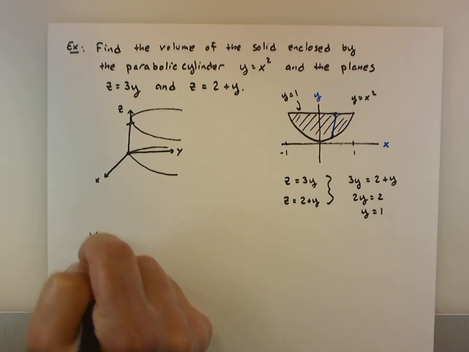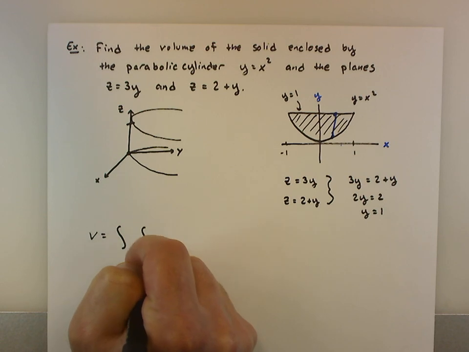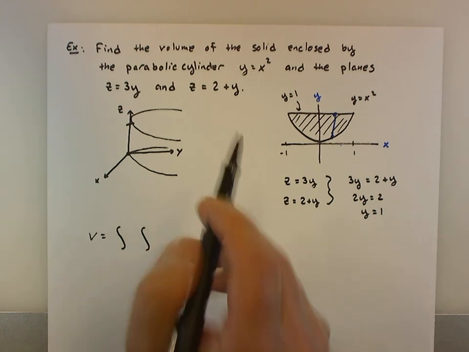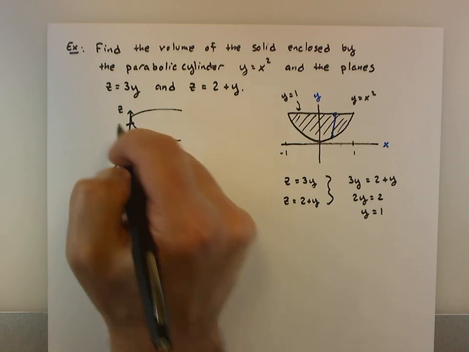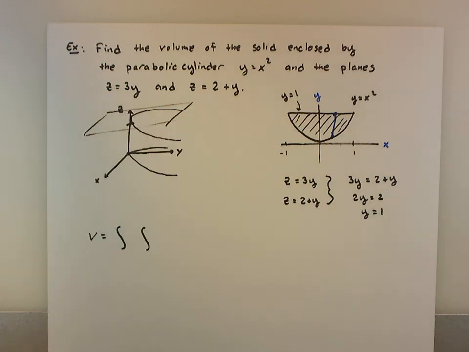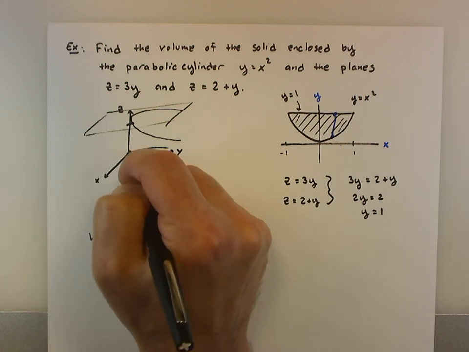So the volume is equal to the double integral. Z is equal to 2 plus y is this plane up here. Z is equal to 3y is this plane here.